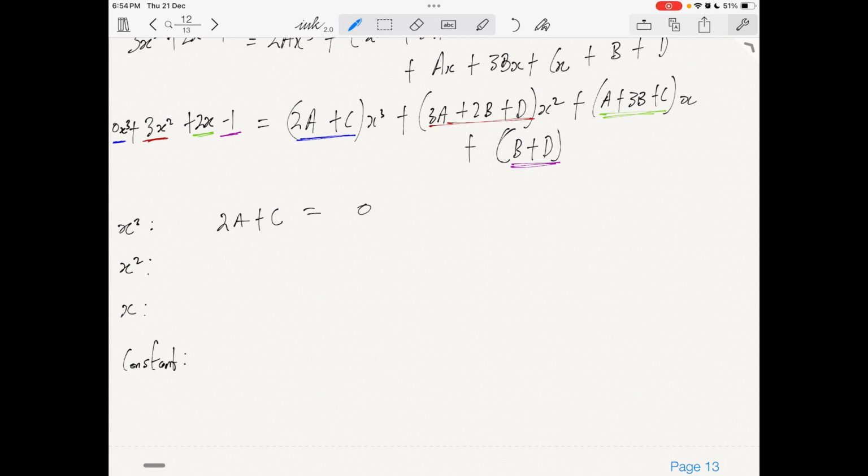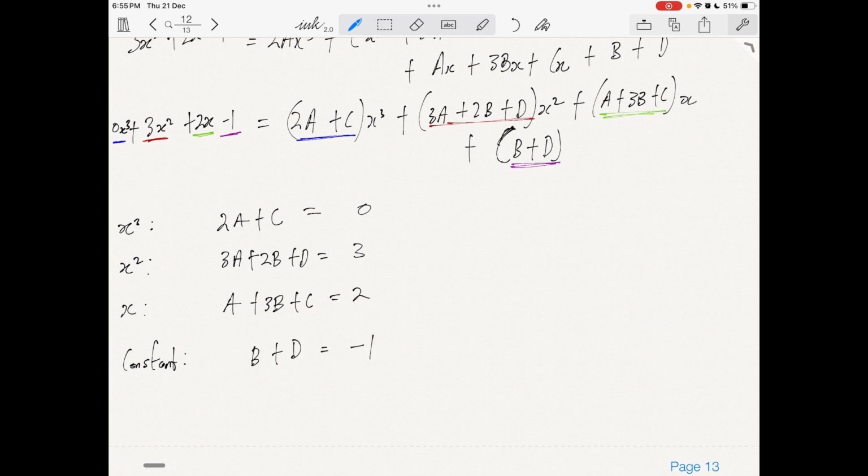For x squared, we have 3a plus 2b plus d is equal to 3. For x, we have a plus 3b plus c is equal to 2. And for the constant, we have b plus d is equal to minus 1.